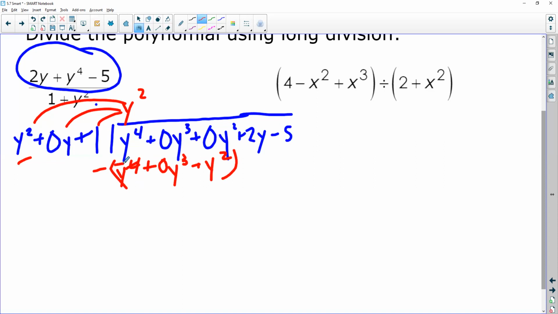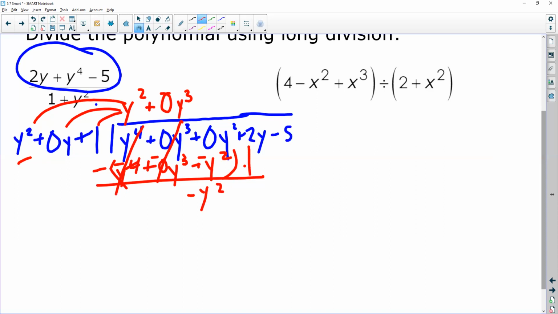This gets to be subtract, that and that. So cancels. Doesn't turn into anything, this 0y cubed. So this becomes a 0 here, plus 0y cubed, because I'm going to skip this space altogether. Those go away. And then I have negative y squared here.